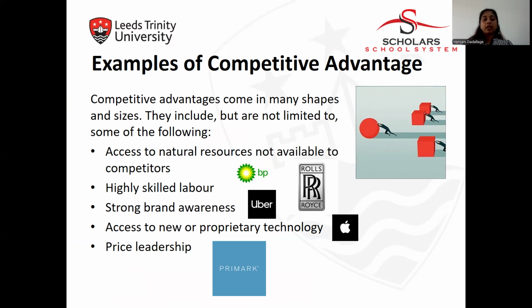If the brand is well recognized, then it is a competitive advantage. Then access to new or proprietary technology, and price leadership. If you are the price leader in the market, that is the point where you can gain the competitive advantage over the other competitors because you can offer the products at the lowest price.